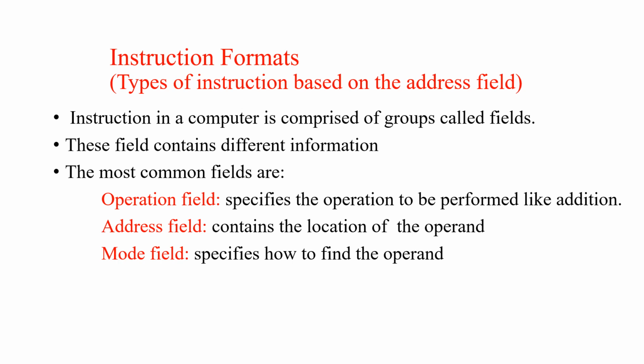It defines the addressing mode, indicating whether the operand is a direct value, a memory location, or an indirect reference through pointers or registers. This field plays a vital role in determining how the CPU interprets the instruction and retrieves the required data.